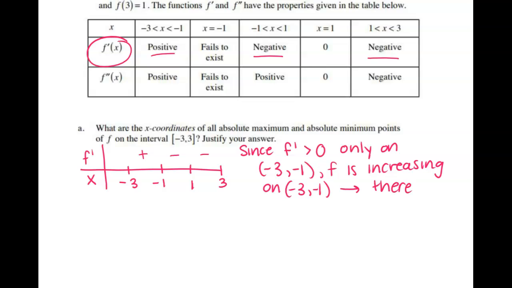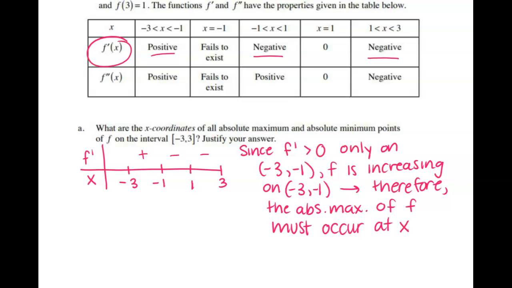Therefore, the absolute maximum of f must occur at x equals -1. All right, that's the absolute maximum.